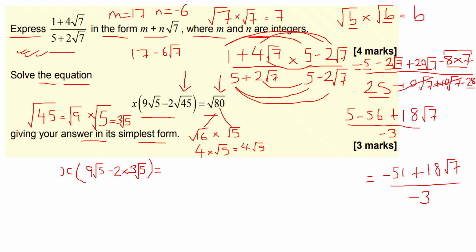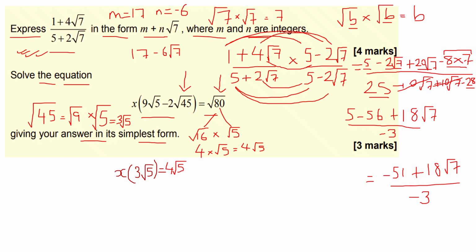I'm now going to tidy up the left-hand side, so collect my like terms. 2 times 3 is 6, so we have 9√5 minus 6√5 makes 3√5. So that now becomes x lots of 3√5 is equal to 4√5.